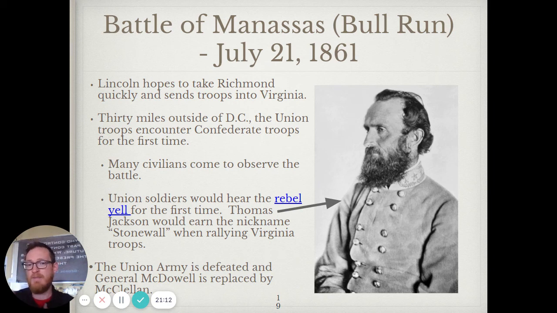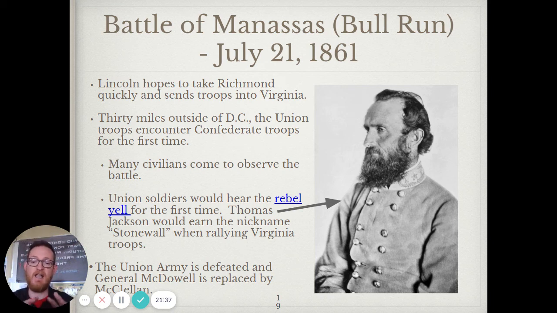Now this battle went very back and forth, and a lot of people credit that stand of the Virginians and Stonewall Jackson with helping lead to Confederate victory. The Union Army would be defeated and would retreat back to Washington, D.C. Now, the Confederate Army actually could have pursued them, but the Confederate Army was in a lot of disarray after this battle as well, because again, they had a very green army as well.